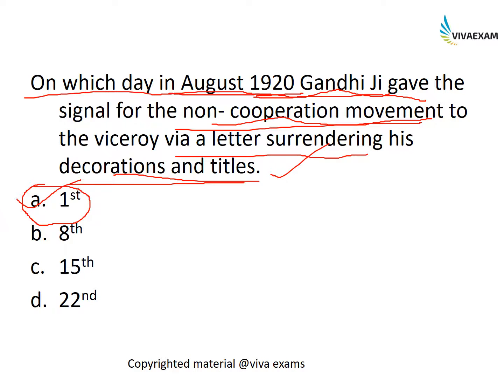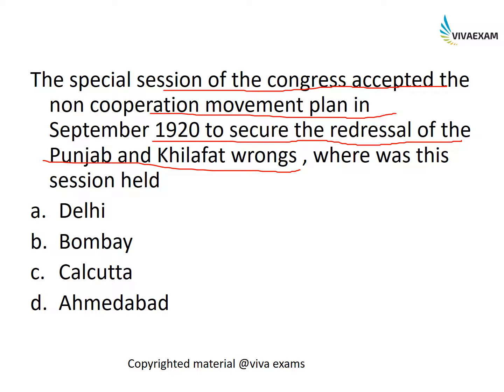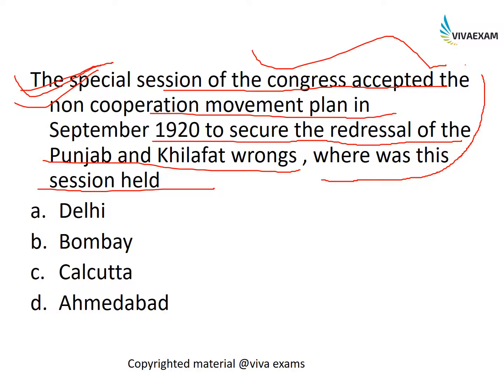The special session of Congress accepted the non-cooperation movement plan in September 1920 to secure the redressal of Punjab and Khilafat wrongs. Where was this session held? Another question related to the Congress sessions. Some of them are important and some of them are not, but I would put these in the category of important.